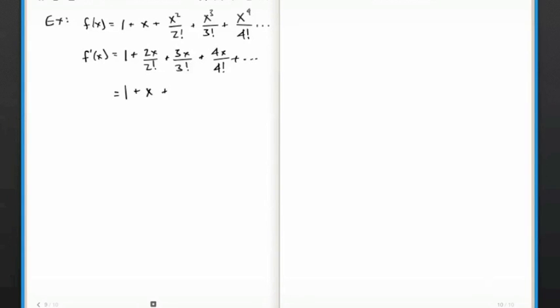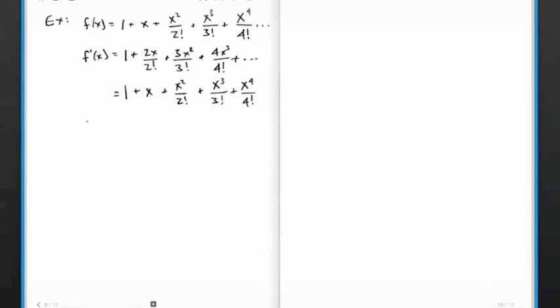Same deal here, the 3's cancel, so I'm left with x squared, and this is 4x cubed, so the 4's cancel and we're left with x cubed over 3 factorial, plus, we can see how the pattern goes, x to the 4th over 4 factorial. So you can see this is the derivative. Wait a minute. 1 plus x plus x squared over 2 factorial. What the heck?